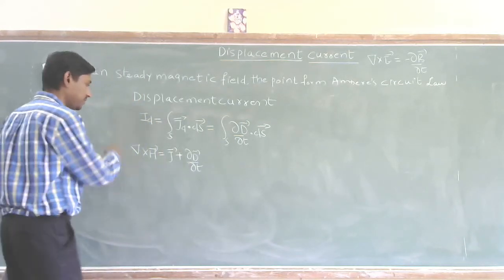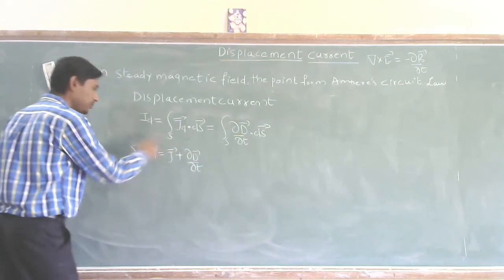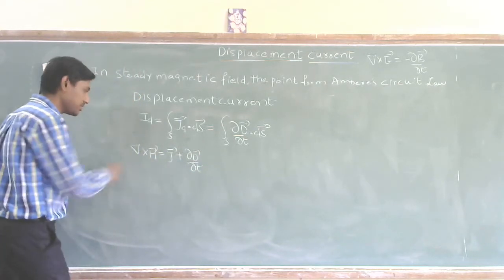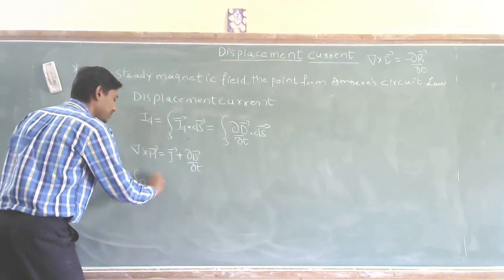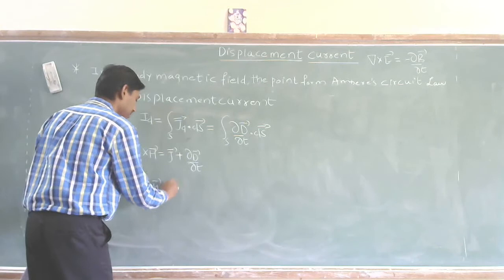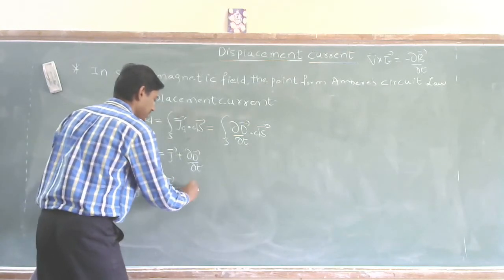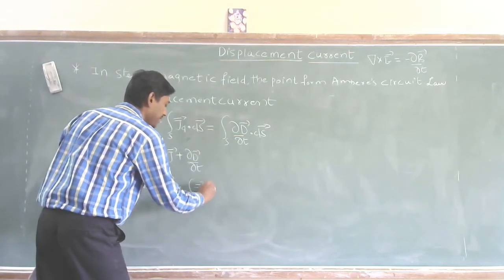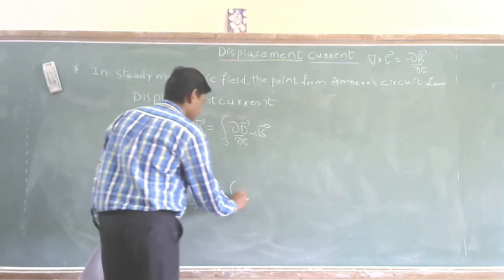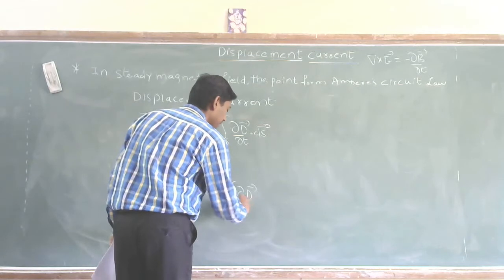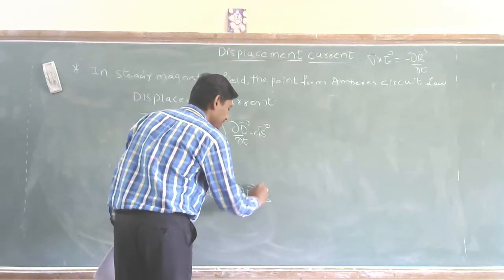Before that, we integrate this equation over the surface, so that it is the surface integral of del cross H dot ds, similarly J dot ds plus ∂D/∂t dot ds.